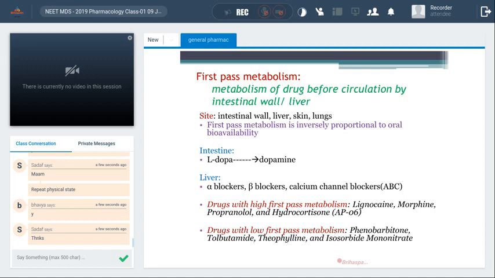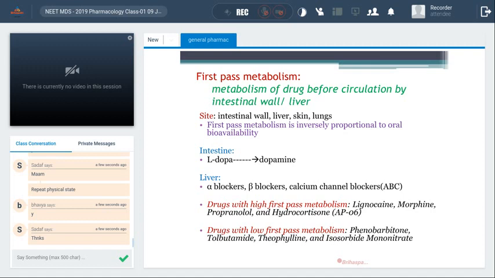So where all first pass metabolism can happen, as I've already mentioned, it could be in the stomach wall or intestinal wall or liver, which is the most common place. Otherwise, for certain other drugs, it can be through the skin or through the lungs. When you give a drug through the lung before entry into the circulation, some of it can get destroyed by the lung. Clear?